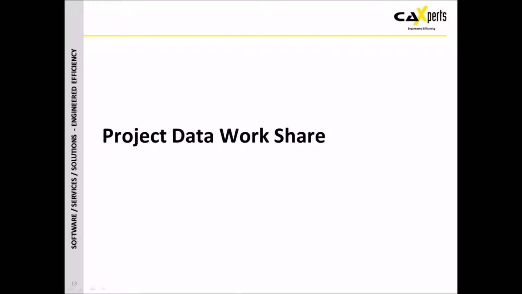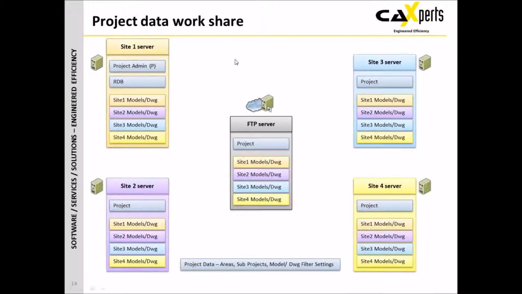So let's now look at how it works, and let's start with the project data work share. And for this, what we've got is an example of 4 particular sites that are executing projects, and we have this central FTP server, which acts as our hub.